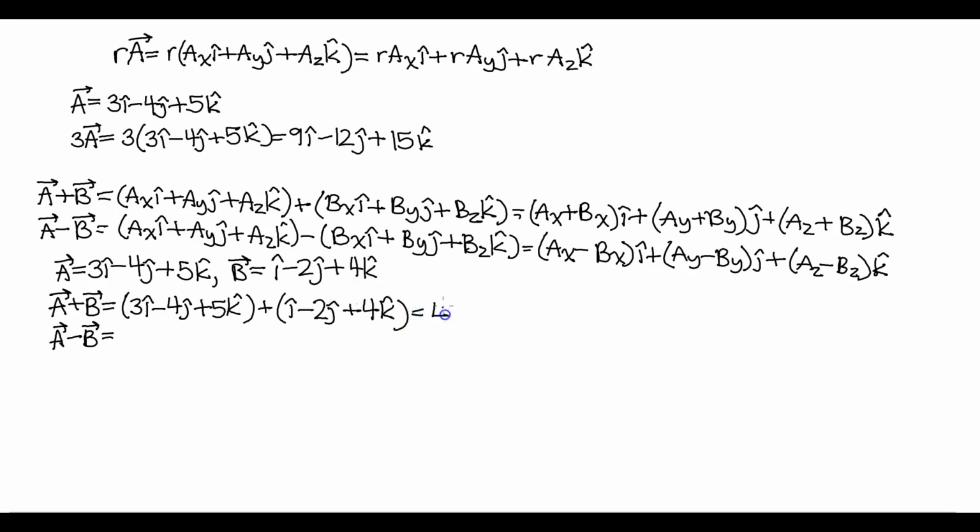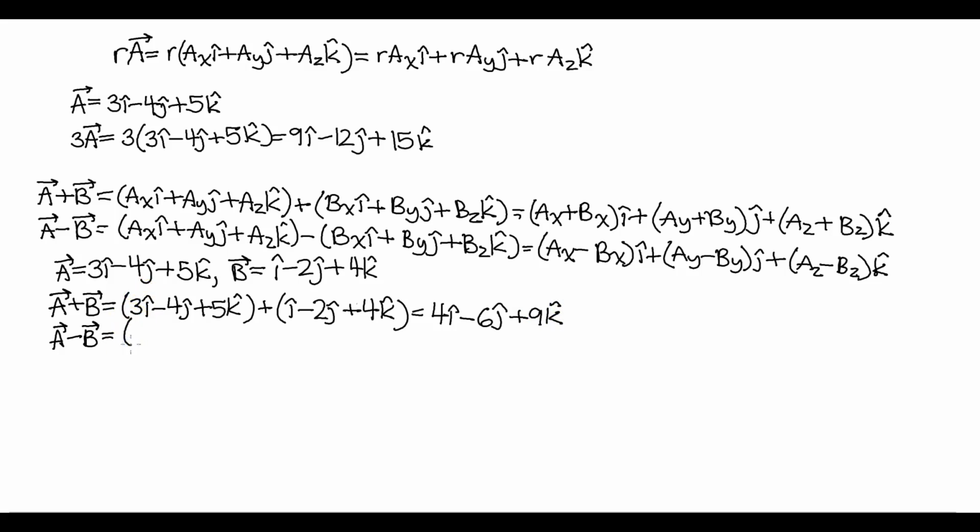And that results in 4i, since 3i plus i is 4i, minus 6j, since negative 4 plus negative 2 is negative 6, plus 9k. 5k plus 4k is 9k, adding like terms.